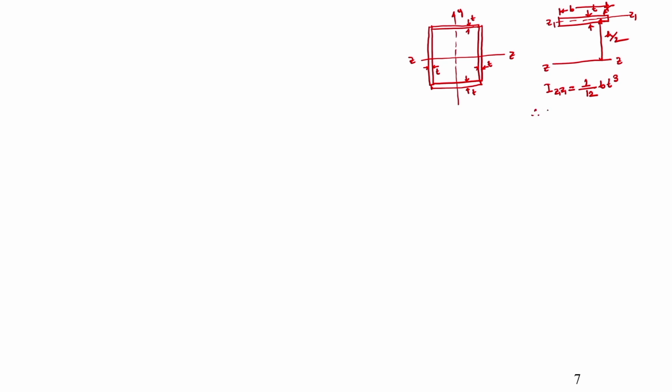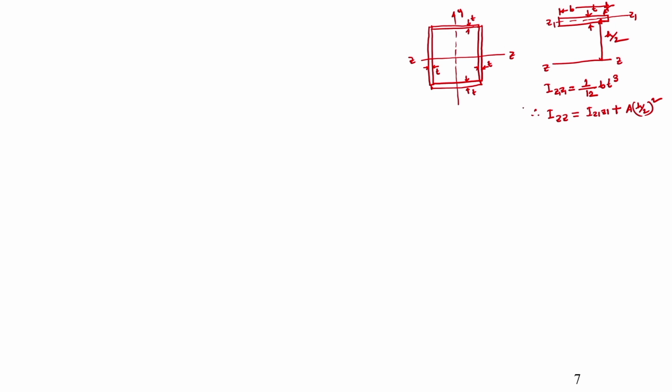Okay. Now, what is IZZ about this parallel axis? This IZZ will be the moment of inertia about its own CG, whatever Z1 Z1 you are getting, that moment of inertia or second moment of area, plus the area into distance squared, that is h by 2 squared, the perpendicular distance squared between the centroidal axis and the parallel axis.